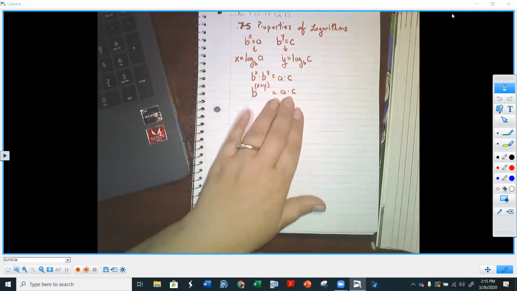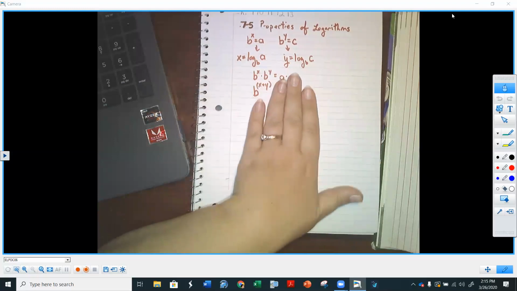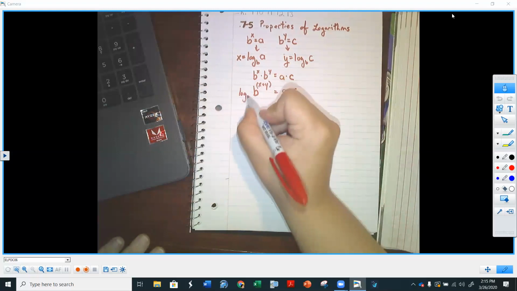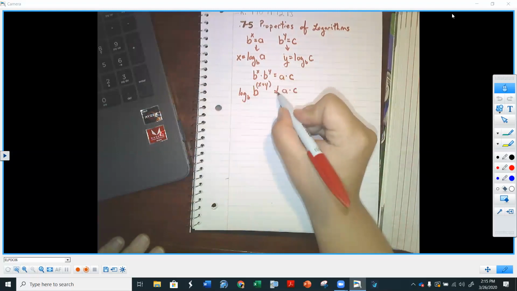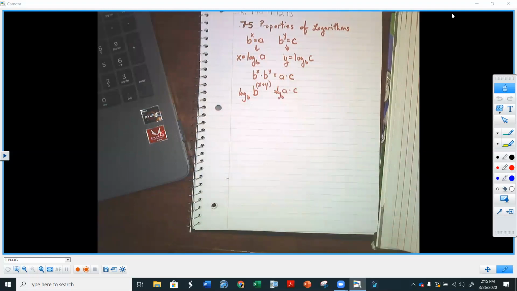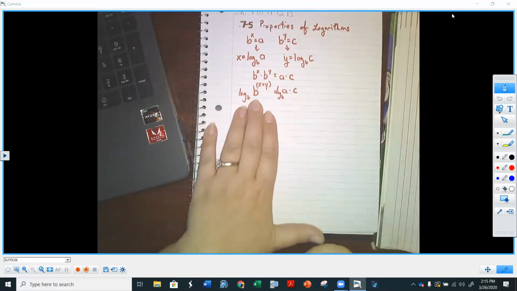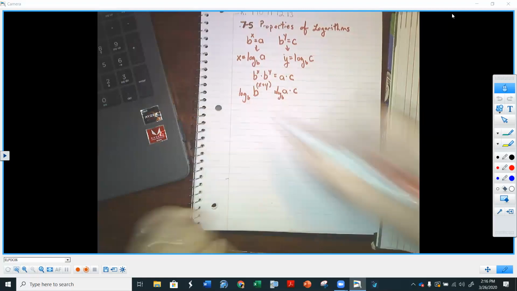Okay, so now if we were solving for x or y, we would have to take the log of both sides. Okay, so I'm going to write that. So I'd take the log base b of both of these sides, and then I would have log base b of this stuff over here. Okay, so what we're going to end up with is that, remember that this log b and this b basically just crossed off.